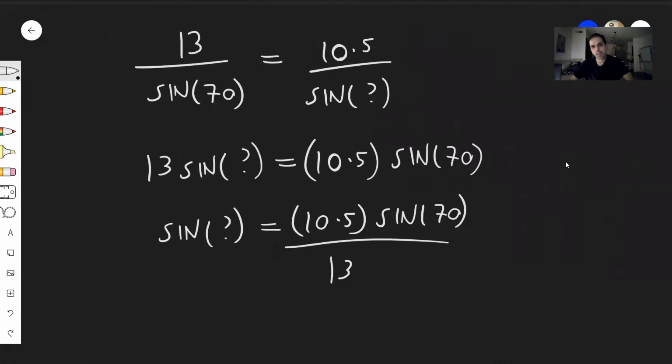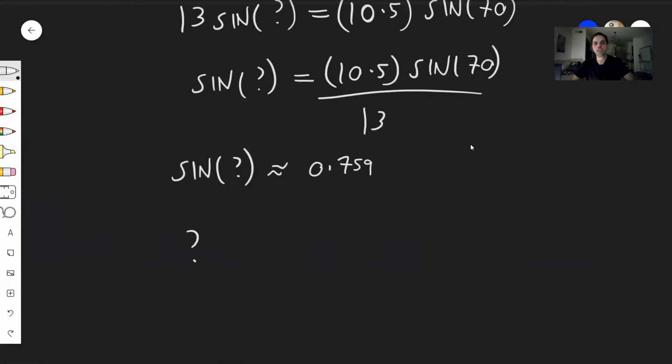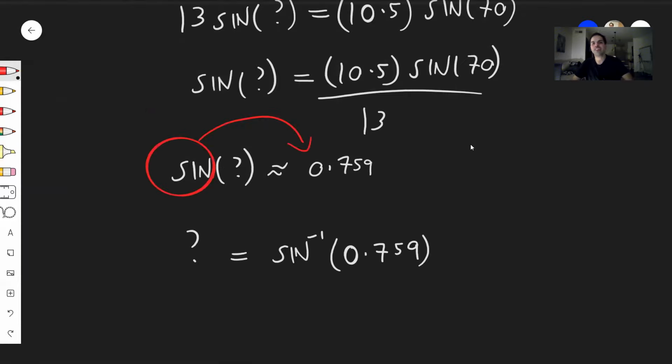So sine of question mark is roughly, let's see, 0.759. And what you know about inverse trig functions, you could conclude that question mark equals arc sine 0.759. So the point is, if you put sine on the other side, you have to put this minus one.